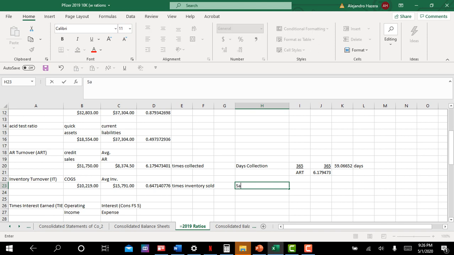Okay, I'm going to call this days to sell inventory. Once again, we're going to take 365 and divide that by the inventory turnover.